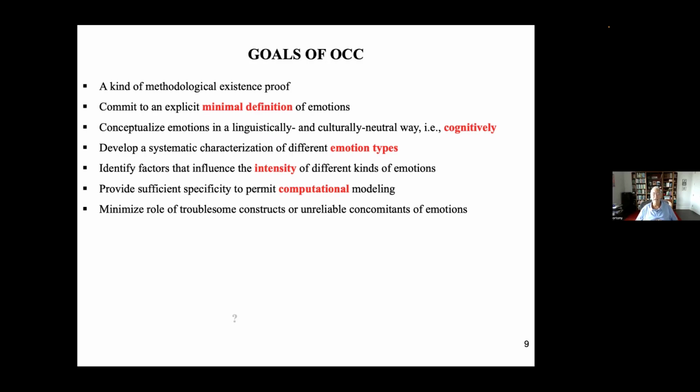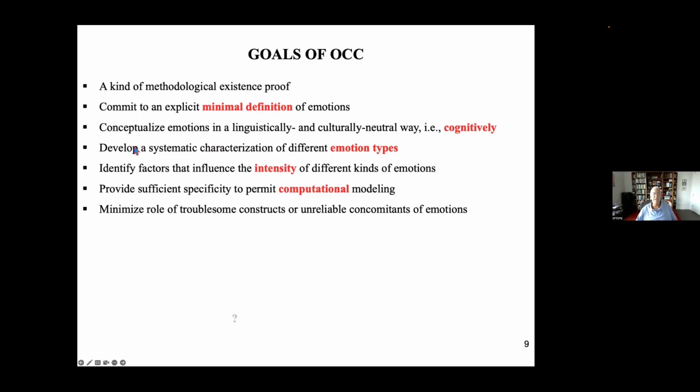Now, it may not be absolutely possible to get rid of all linguistic and cultural influences on the way we talk about them, but at least to minimize the linguistic and cultural biases. And this for us means that one has to think about emotions in cognitive terms.